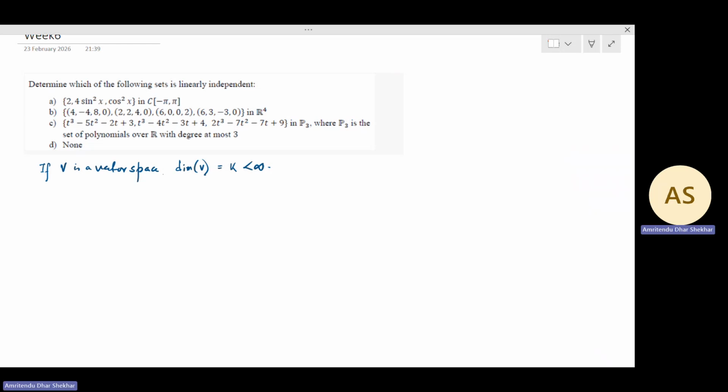So a set which has more elements than the dimension of V is necessarily not going to be independent.